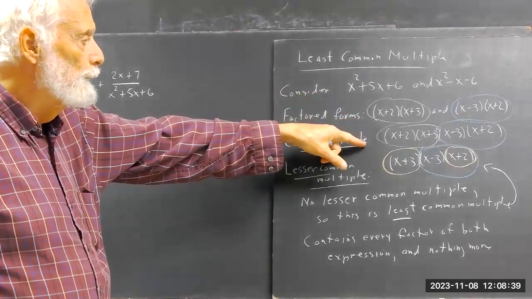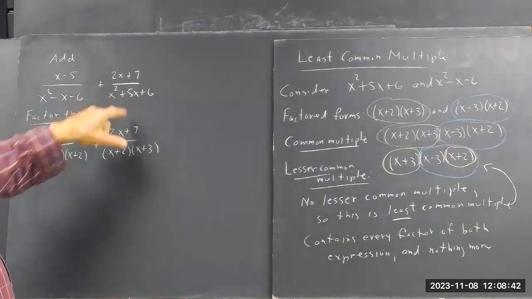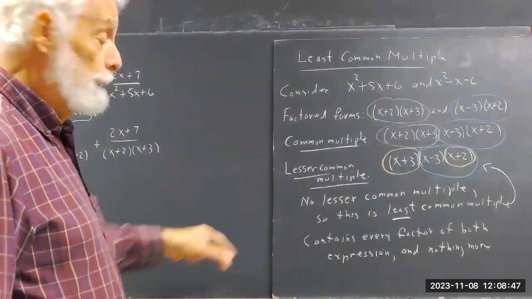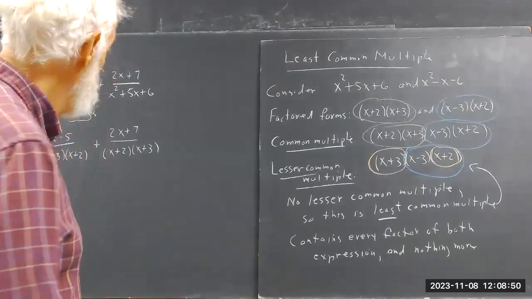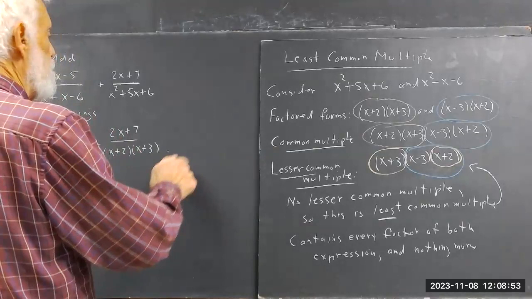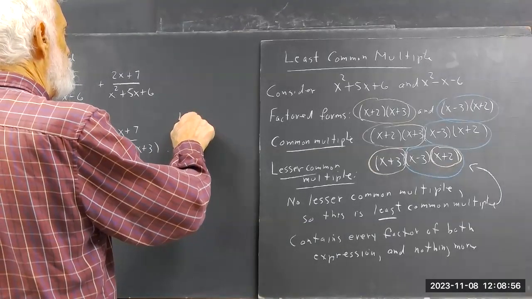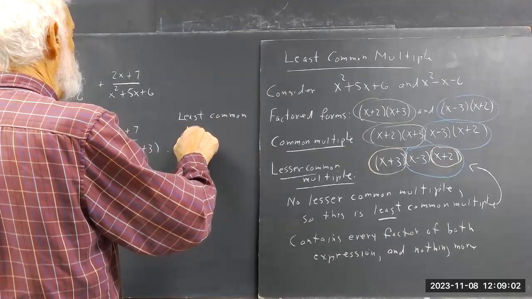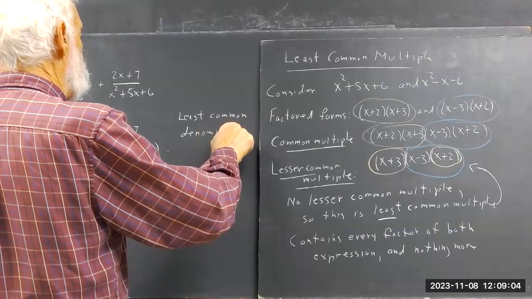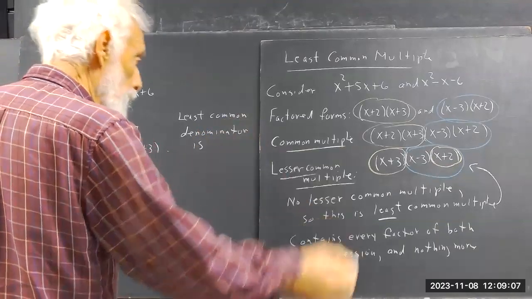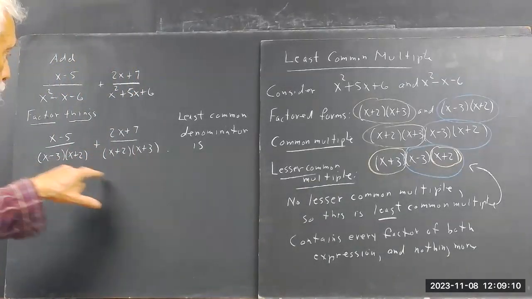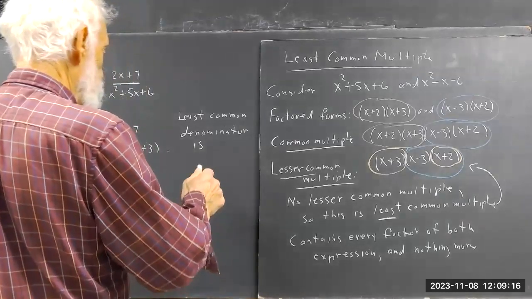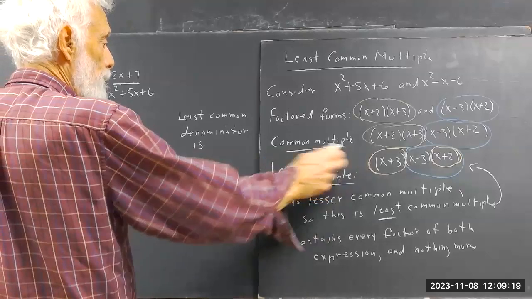The least common multiple of these two denominators, because these denominators in factored form match these expressions. So from what we've seen here, the least common denominator is the least common multiple of these two denominators. So that means the least common denominator is this least common multiple.